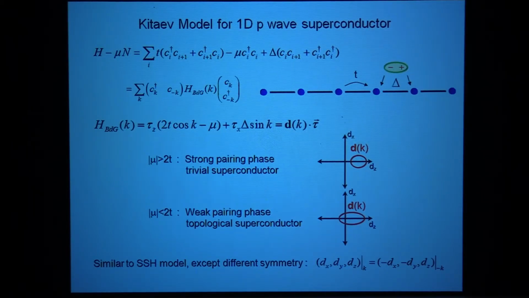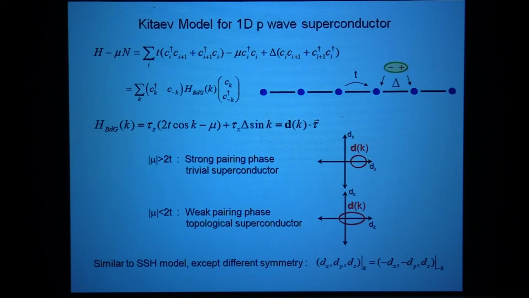Then the off-diagonal term is going to be this superconducting term, which gives you a sine k. Since it's a 2x2 matrix, I can do the same game that I had before, which is that I can think of it as a vector dotted into the Pauli matrix. And then you can see that this d vector lives in the xz plane.